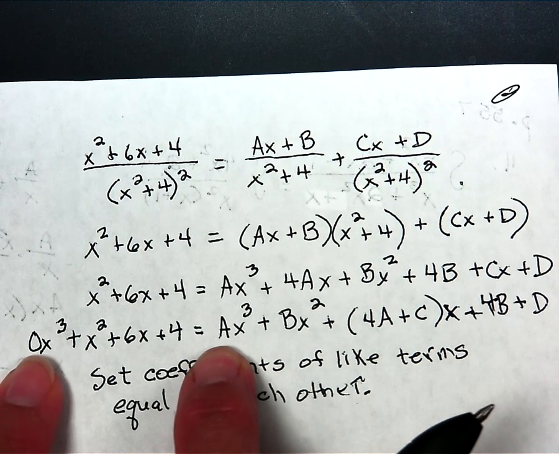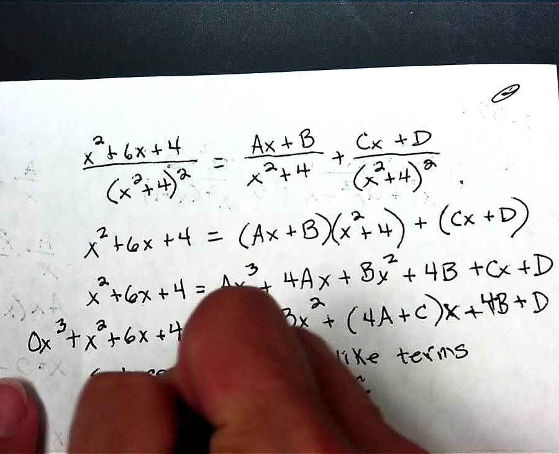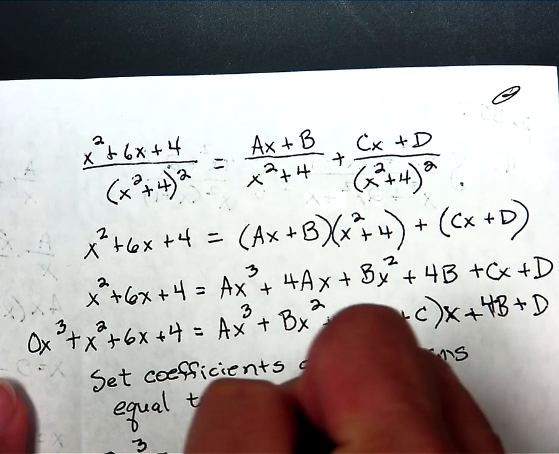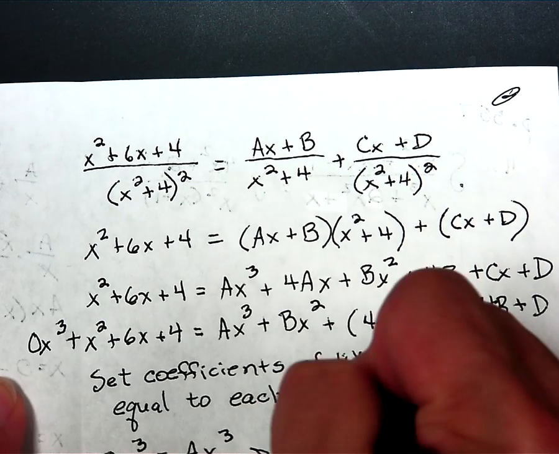If 0x cubed equals ax cubed, then a has to be 0. It just does.